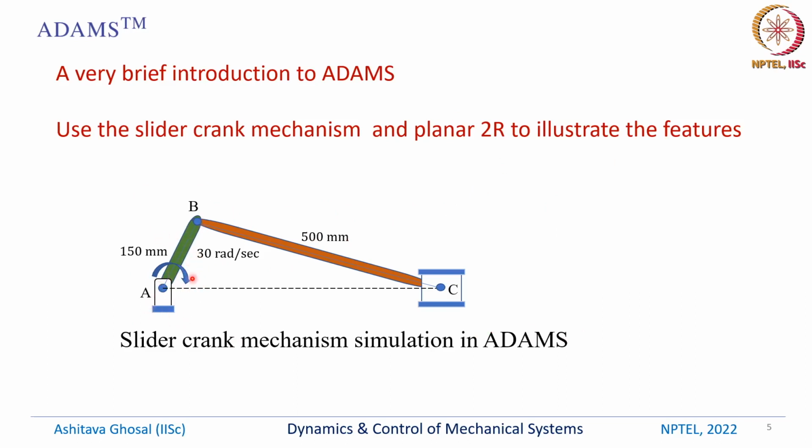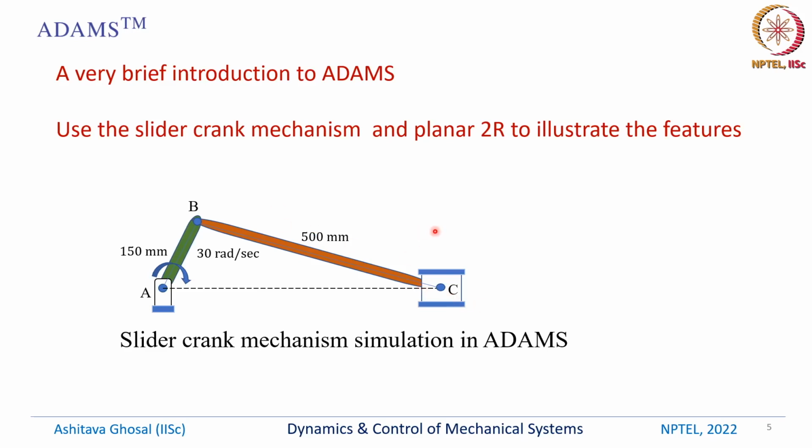There is a crank, this link, and this is connected to another link, and then this is a prismatic joint. So this can slide along this direction. This is a model for a piston in a cylinder of a car. So the piston goes up and down and it rotates a crank, and then this rotary motion can be eventually transferred to the wheel.